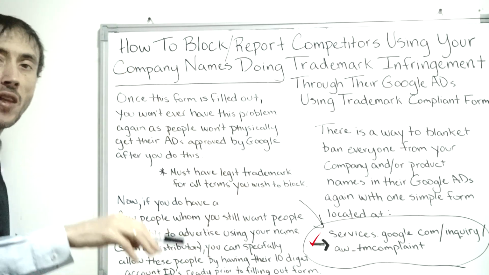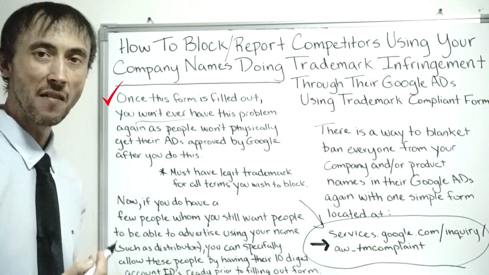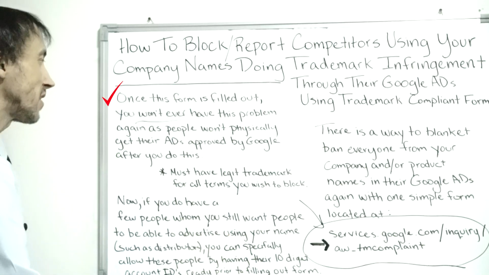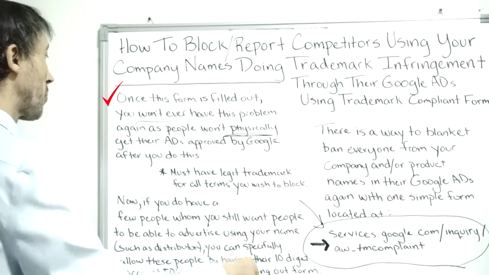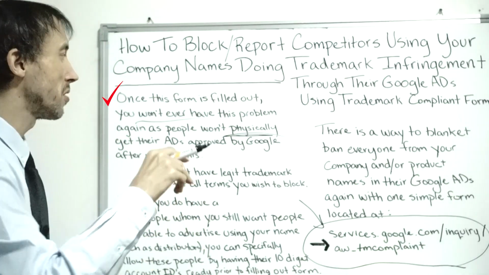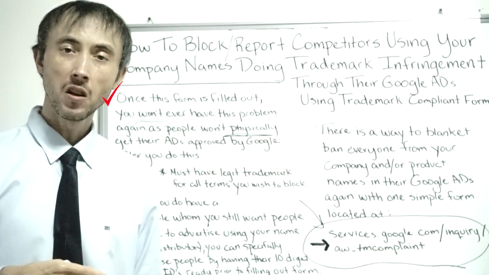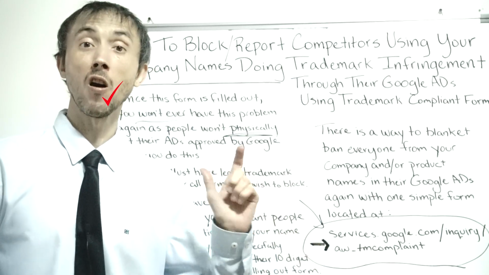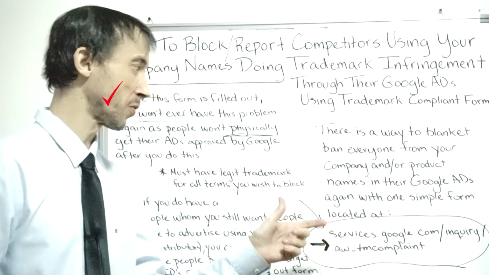Now, once this form is filled out, you won't ever have this problem again of having anybody using your trademark names, your brand names, your product names in their ads, as what it will actually do for you is physically prevent people from using your brand name, your product names in their Google ads, because if they go to create an ad once you've filled out this form and they put your company name in their ad, the ad will physically get disapproved, and it's an automated system.